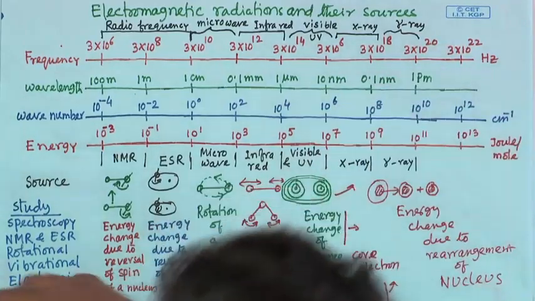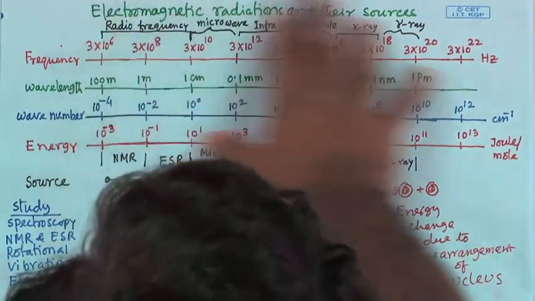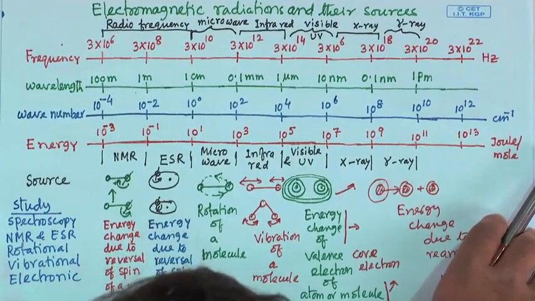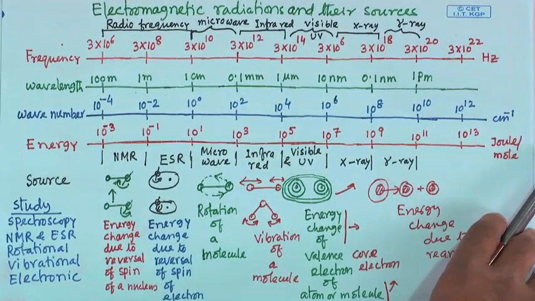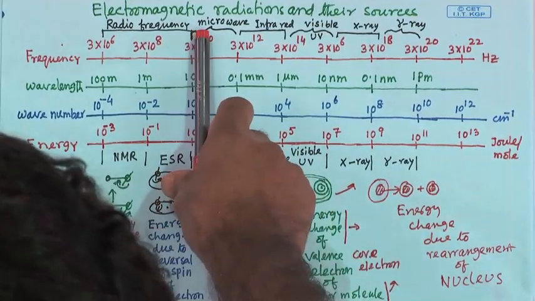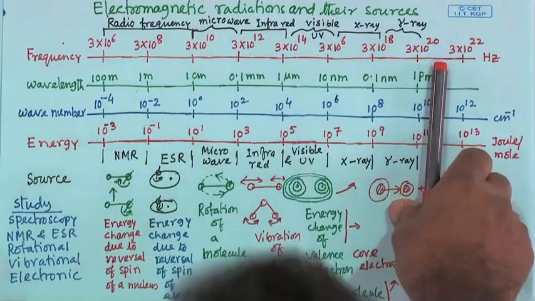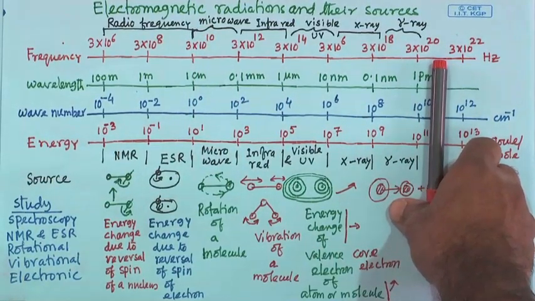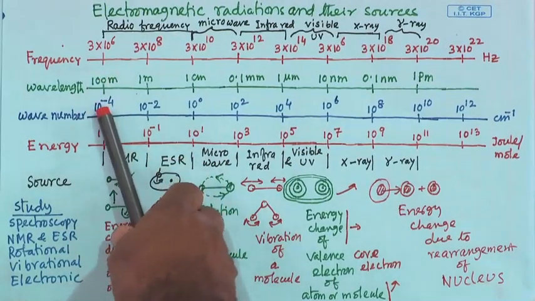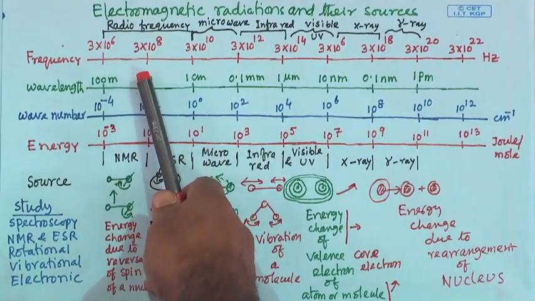So, this is the broad distribution of electromagnetic radiation, and this radiation is called by different names depending on its frequency, wavelength, or energy. The lowest wavelength is gamma ray, and the highest wavelength is basically radio wave.